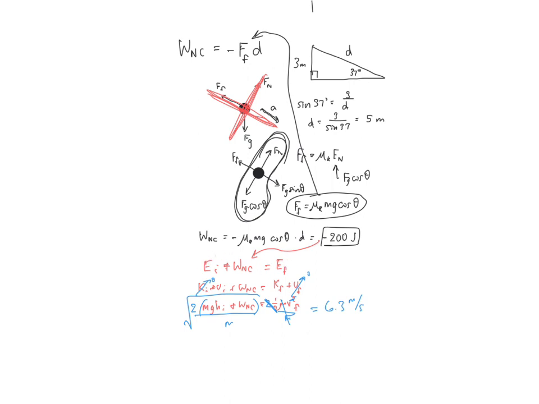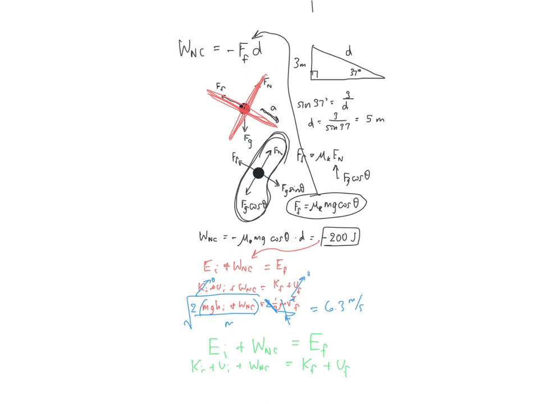And the only way that's possible is if you look back at this equation, and I'll go ahead and rewrite it: E initial plus the work due to non-conservative forces is equal to the E final, and when you plug in, K_i plus U_i plus W_NC is equal to K_f plus U_f.